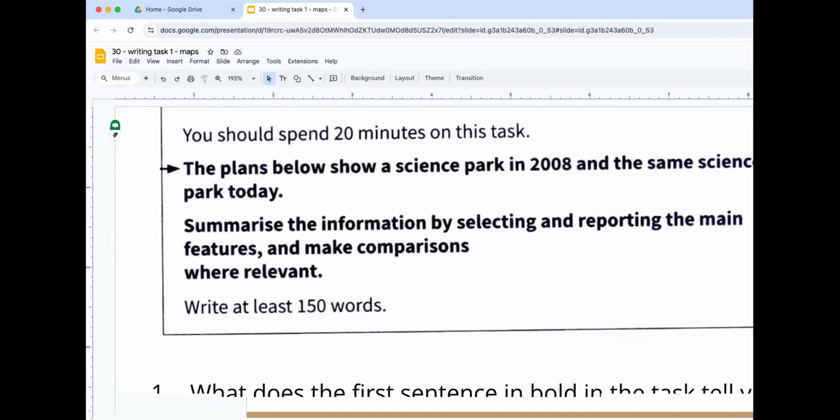It tells the plan is a plan. So it shows a science park in 2008 and the same science park today.